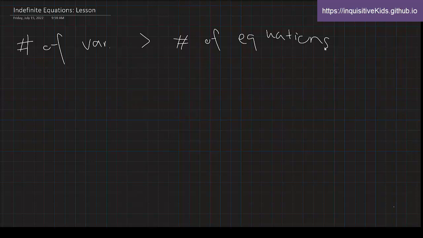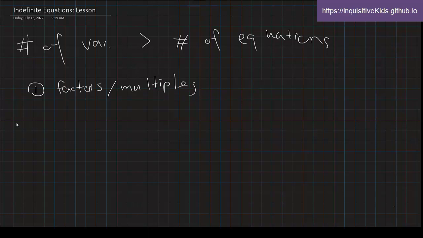Now, if the number of variables is greater than the number of equations, then how can we solve it? Well, first we can check the coefficients and see whether they're factors or multiples.